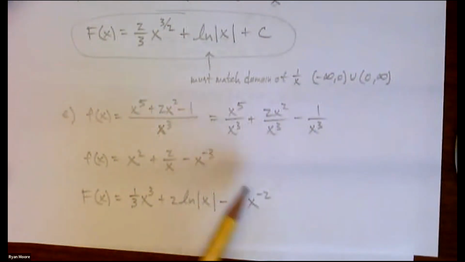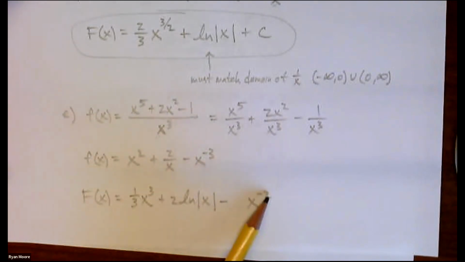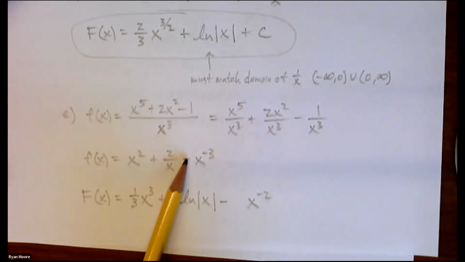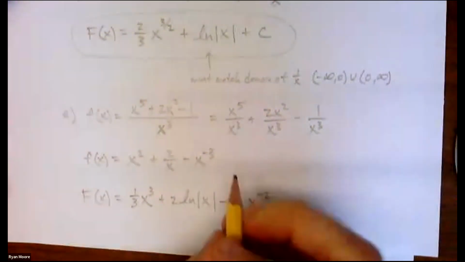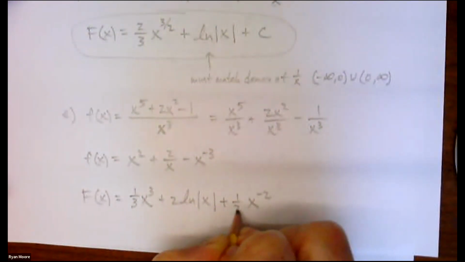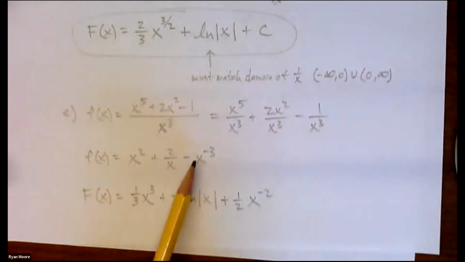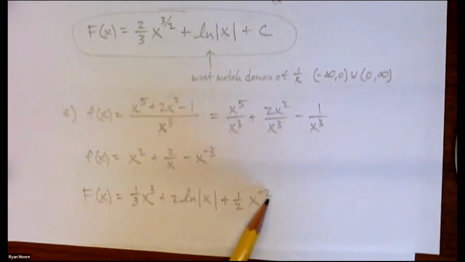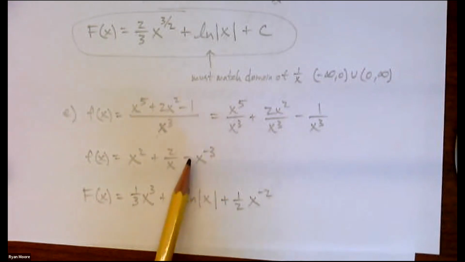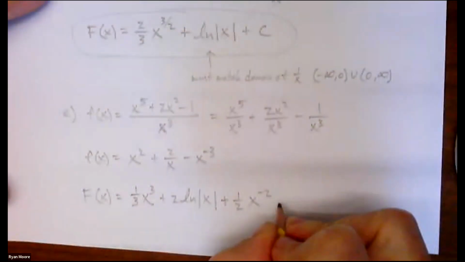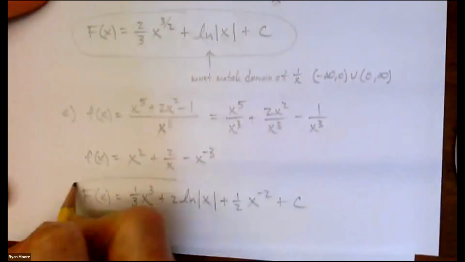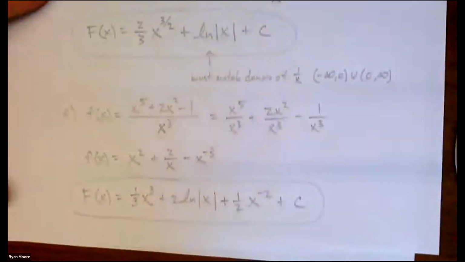Be careful with your negative exponents, right? Adding 1. And then this negative 2, we need to multiply by something to end up with just a negative here. Well, I think it's got to be positive 1/2. It's like we're dividing by negative 2. So that would multiply and we just get a negative. There we go, plus c. And we got it.